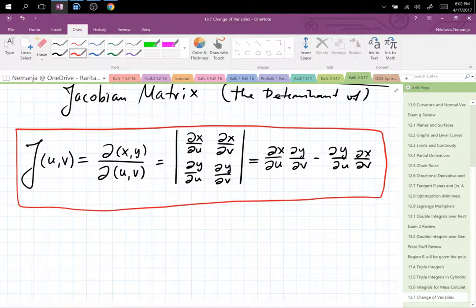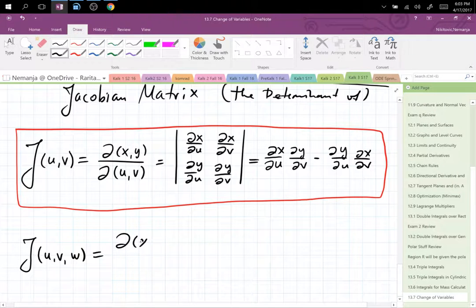If you have u, v, w. So I'm going to actually, you know what, I should define that one right away so we don't have the issue. Without going crazy with all of the intermediate steps, let's just write what is necessary.